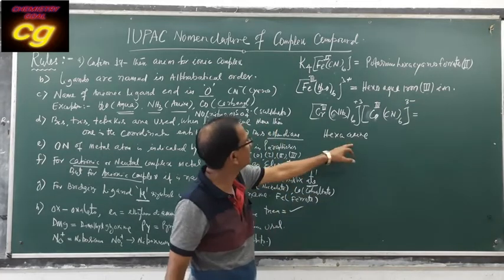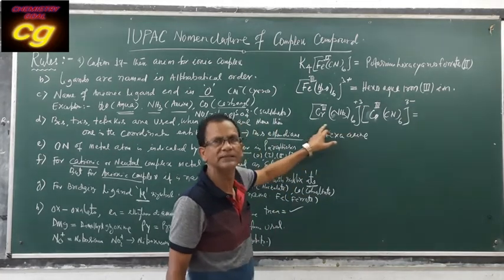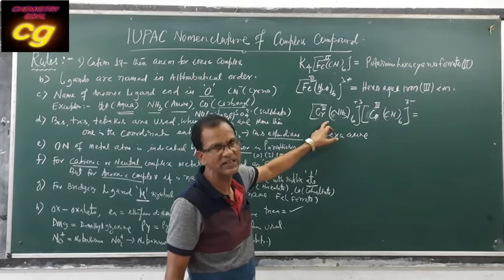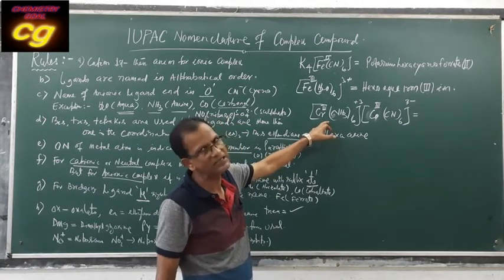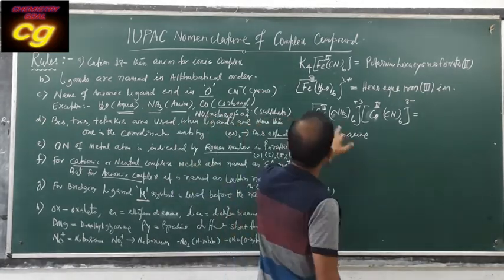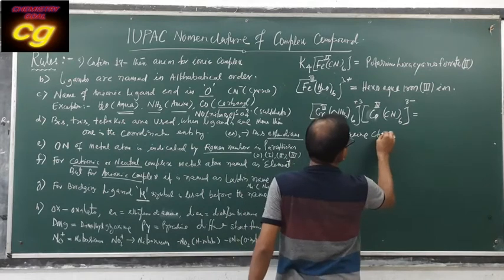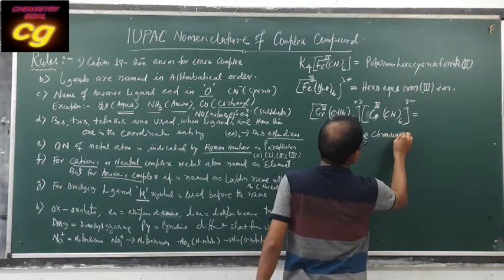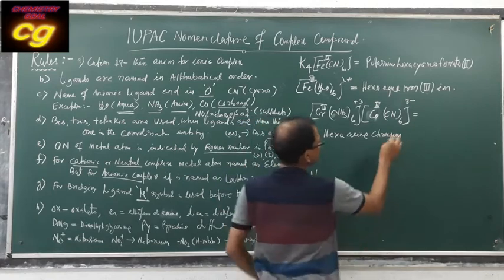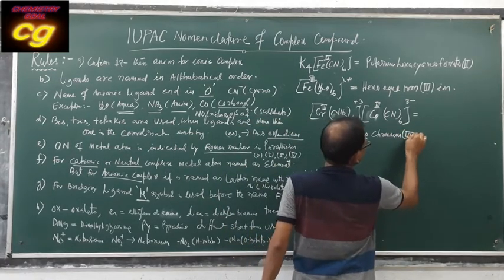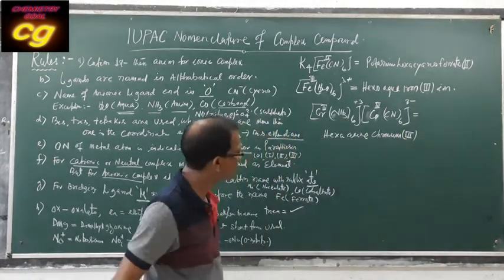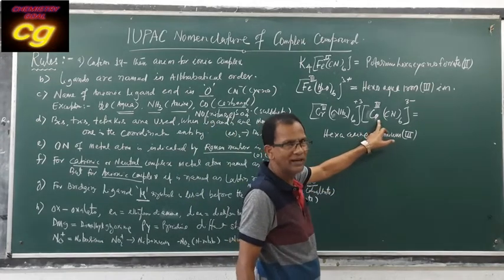So hexaammine, as it is a positive complex, the metal atom name will be the element name. So hexaamminechromium(III). Then you come to the negative side.